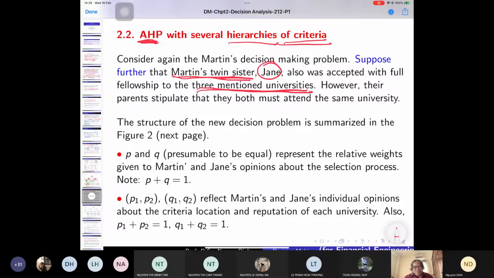But the points of view of Jane and Martin are different.